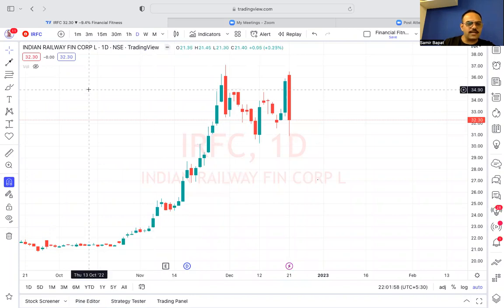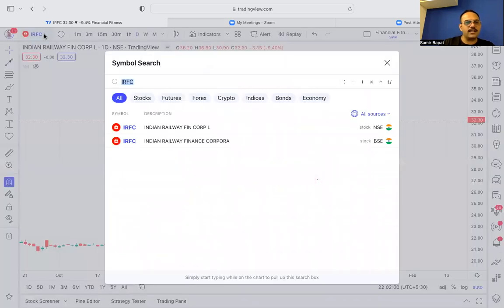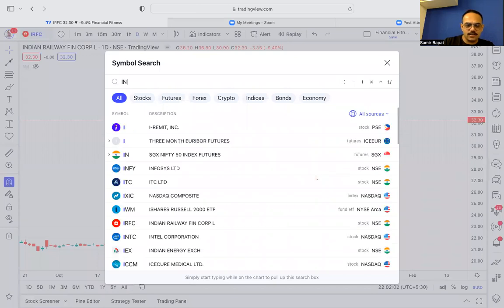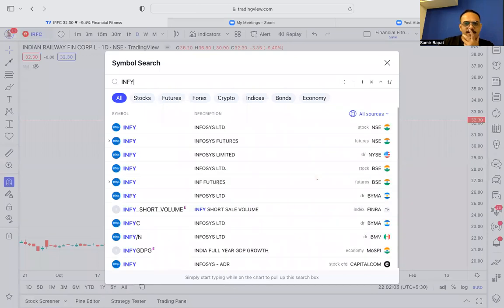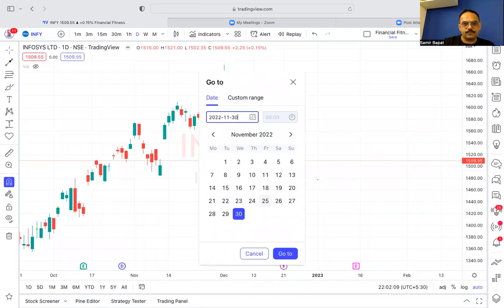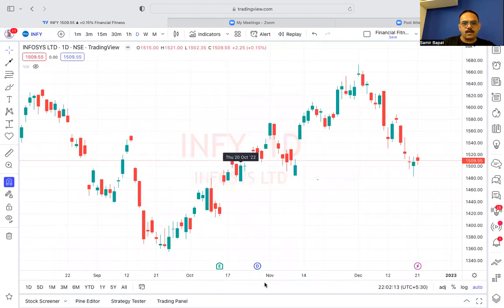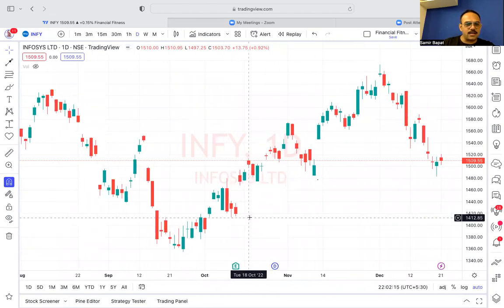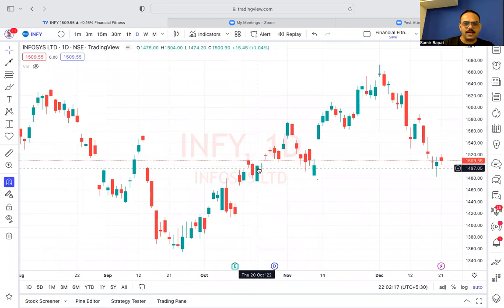Okay, Infosys, 20th October, bullish. Again, this bullish engulfing is 20th October, but it should not come here. See, the trend is already up.